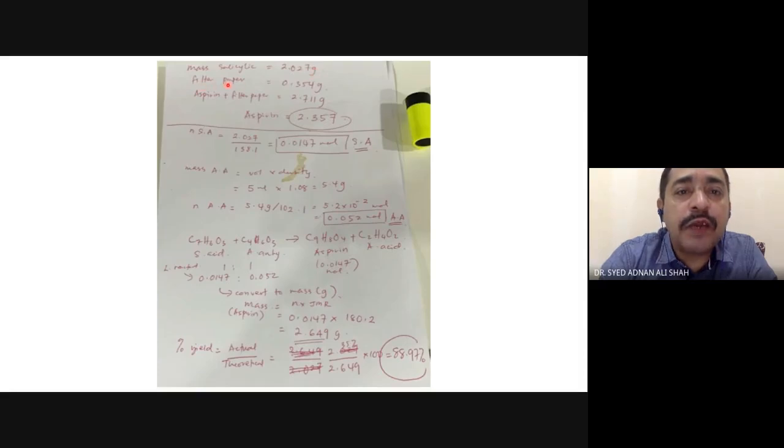This is the filter paper mass, 0.354 gram. And the aspirin plus filter paper mass is 2.711 grams. So you have to subtract the filter paper mass, and then you get the actual mass of aspirin. Till here is okay?